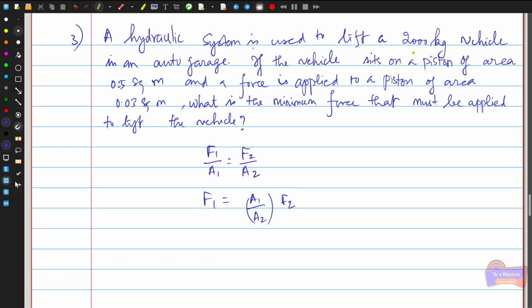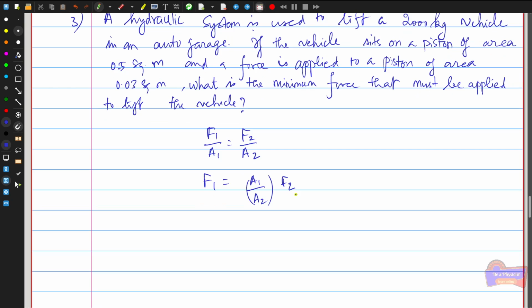A1 is 0.03 square meter divided by A2, which is 0.5 square meter, multiplied by the mass times gravity, that is 2000 kilograms times 9.8 meter per second squared.